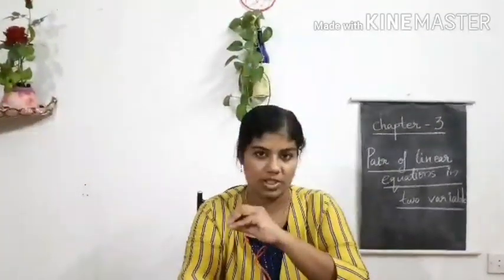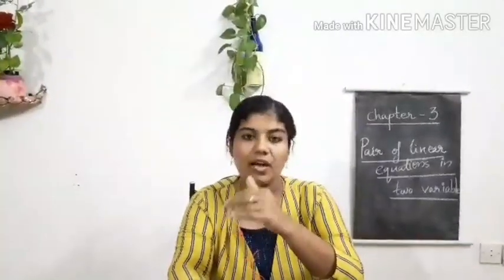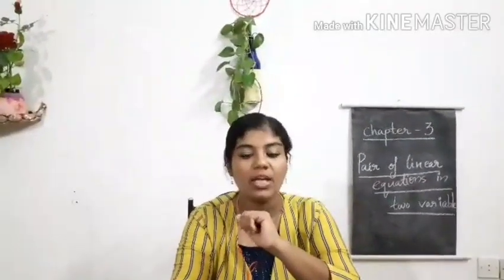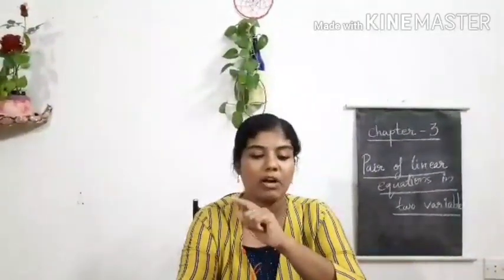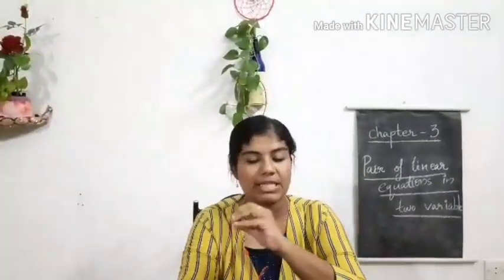If in the equation 1 by x and 1 by y come, we will substitute them with u or v or capital X. Using suitable substitution we will convert those equations into a pair of linear equations. Then we can solve our questions. So that is the last section in our textbook, equations reducible to a pair of linear equations in two variables. There we will reduce it to linear equations and do the solution.